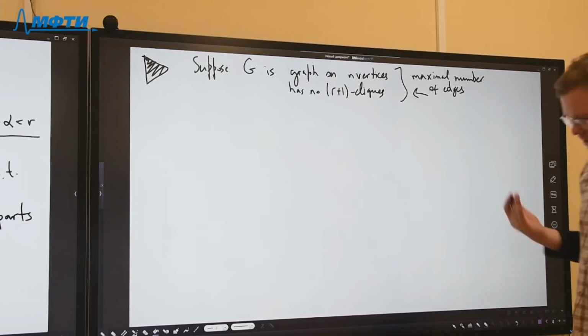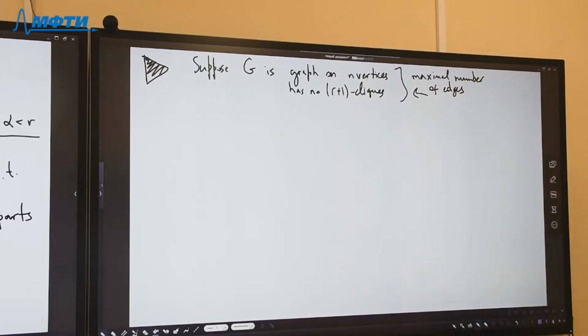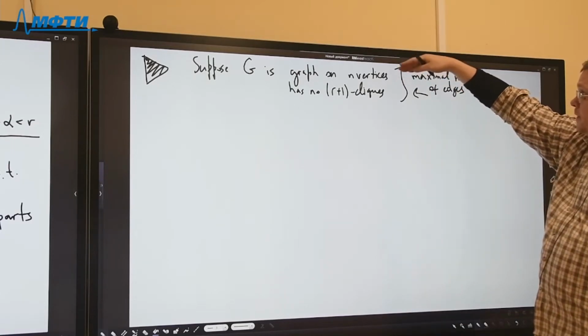Let's do the following procedure. We will try to deconstruct this graph. We will change this graph such that the number of edges can only increase, and we will see that it will be satisfying these restrictions.